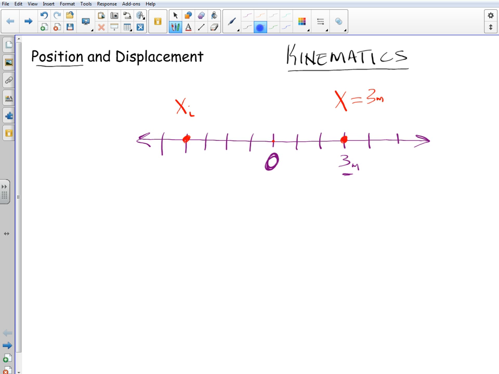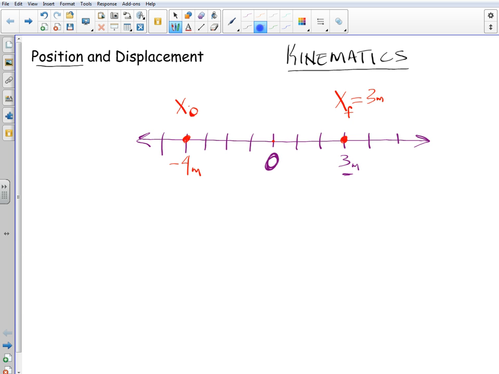So I'm looking at your formula sheet now, and they were going to use x sub 0. So we'll do that. Try to be consistent with the formula sheet. So your original position might be here, and your position later on, I'll put a little f here for final. Sometimes we don't write any letter there for the final, but that's all right. To illustrate it, we'll do that. So let's say I started here at, let's see, that would be 1, 2, 3, 4, at negative 4 meters.